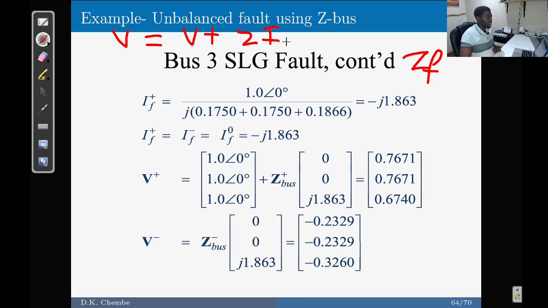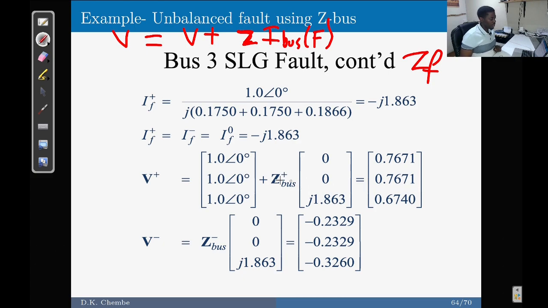So if you're dealing with the positive sequence, that is your V0 during the positive sequence, plus the Z bus during the positive sequence multiplied by the I bus, which is the fault current, I bus F. Okay, and this is what we obtain.